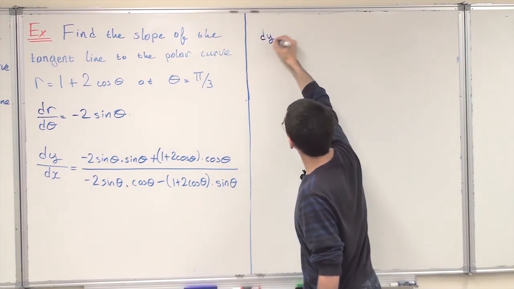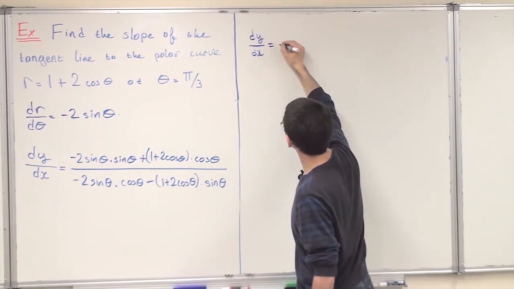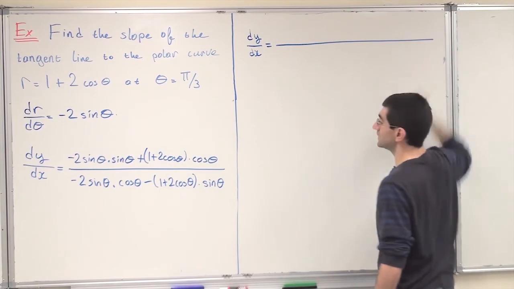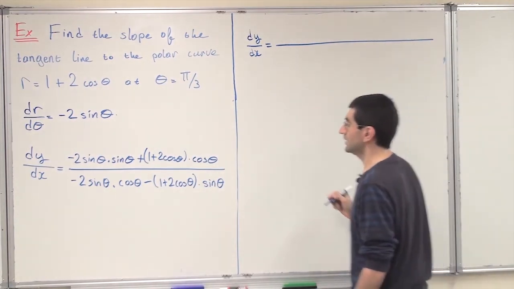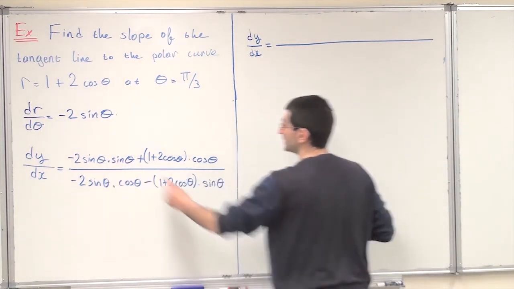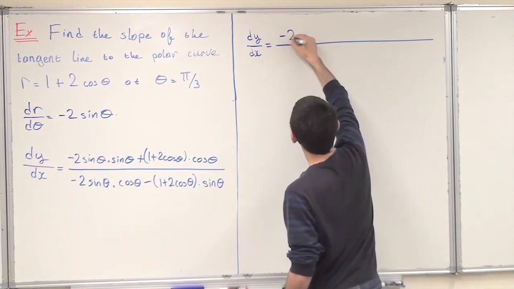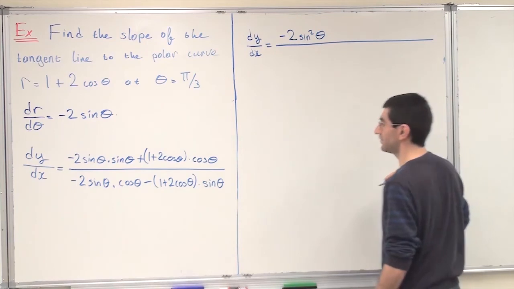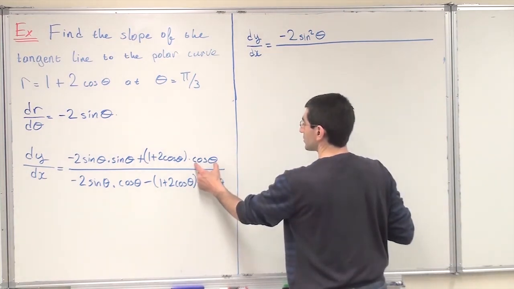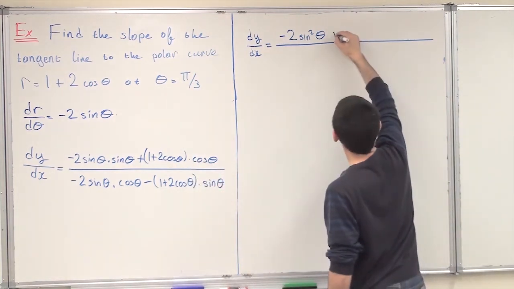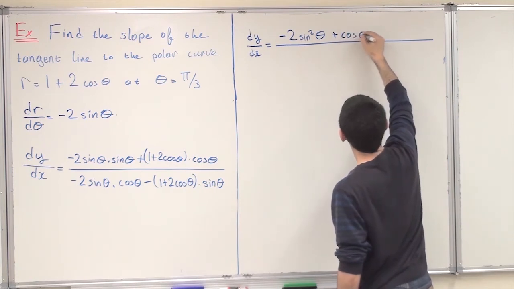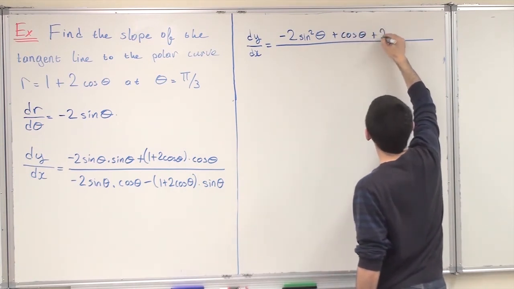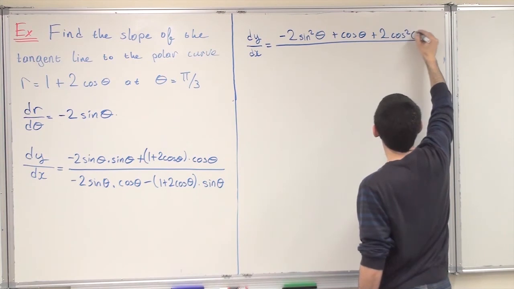So dy over dx, which represents the slope, is equal to, okay, I have here sine and sine, so minus 2 sine squared theta. Distribute this cosine over the parentheses, plus cosine theta plus 2 cosine squared theta.